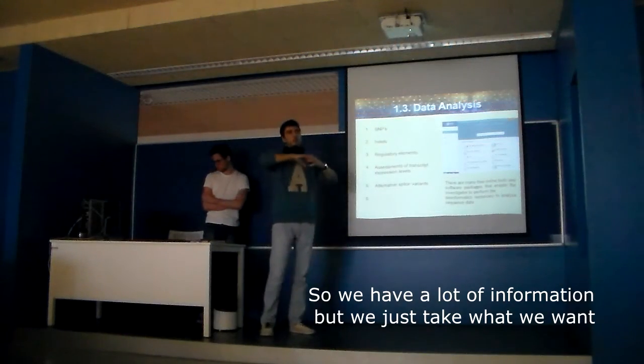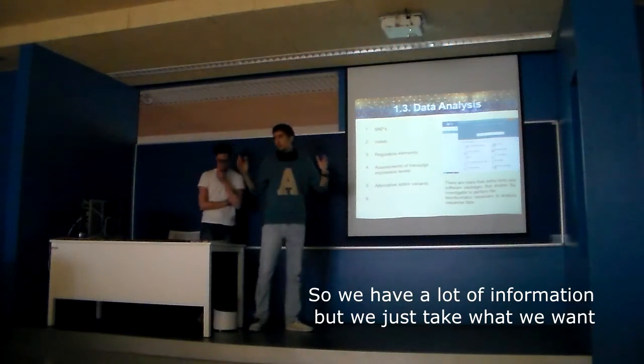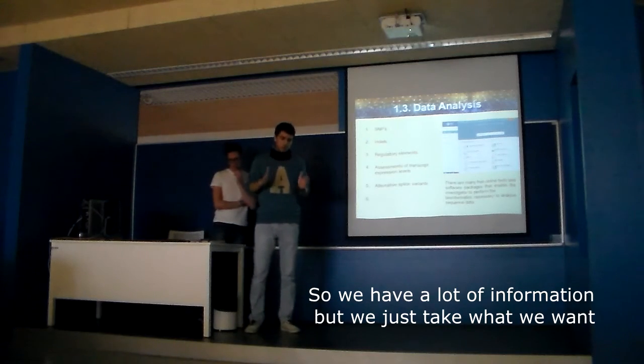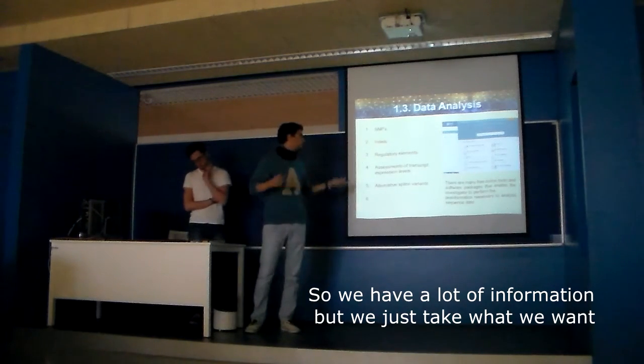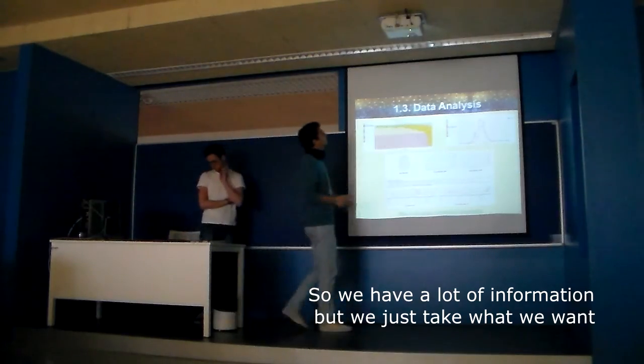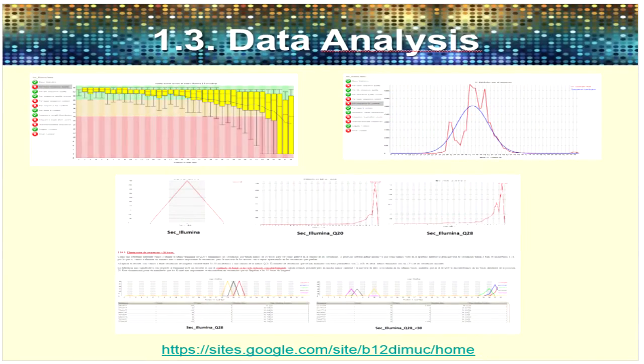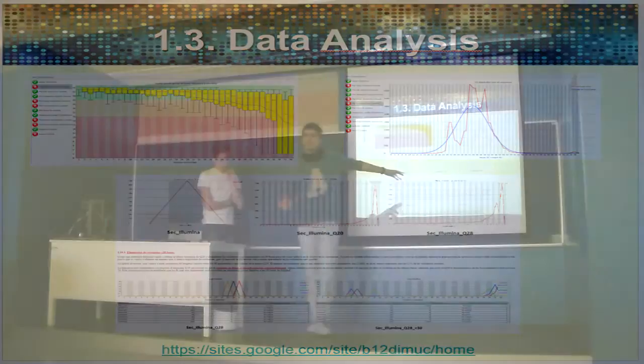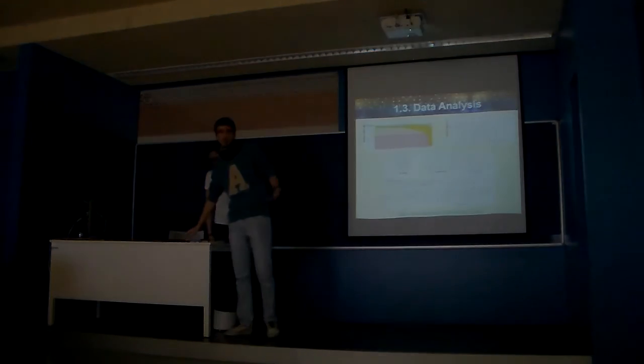We have a lot of information, but we just take what we want, which is better for us. This is a small data analysis that I did last year, starting with the pre-processing of the sequence. We get the base quality and the sequence quality, and we do some modification of the sequence to improve our data.